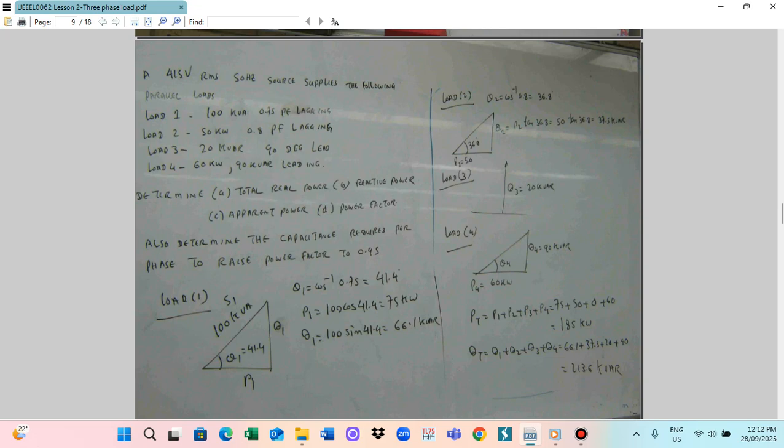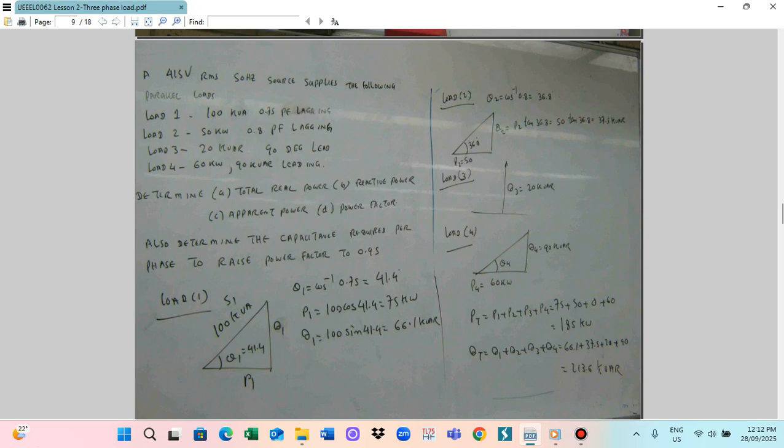Okay, so then you got all the loads, and then you can calculate all the power. The total power you can calculate: PT is P1 plus P2 plus P3 plus P4. So all the real power you add, you get the total real power.